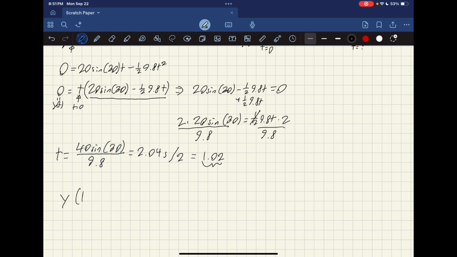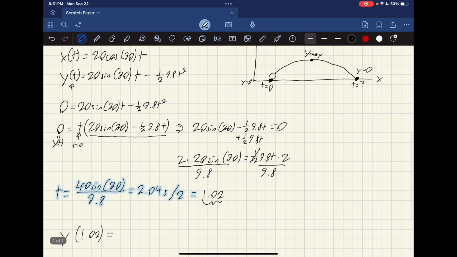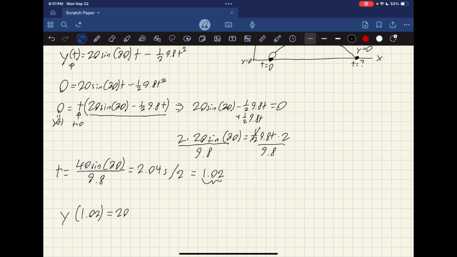So let's do that now. We have y of 1.02 equals 20 sine of 30 times 1.02 minus 1/2 9.8 times 1.02 squared.